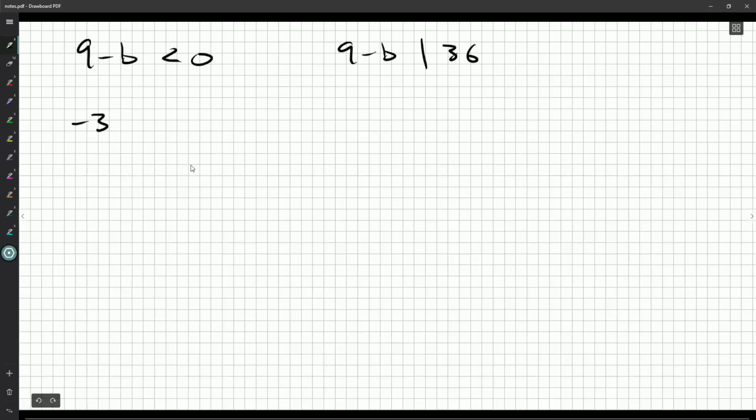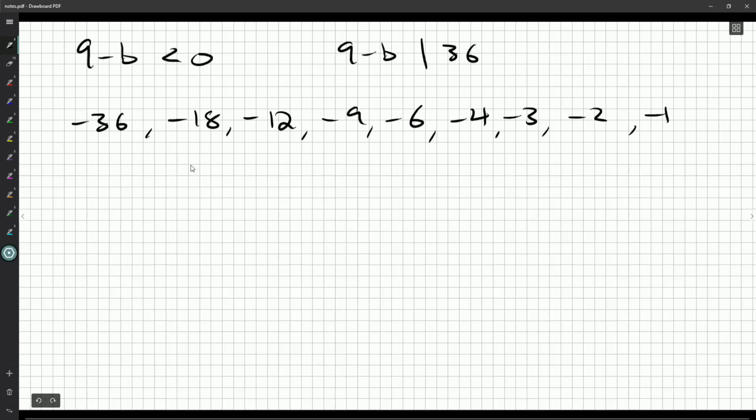So what are the factors of 36 that are negative? Negative 36, negative 18, negative 12, negative 9, negative 6, negative 4, negative 3, negative 2, and negative 1. There we go. So if these are my 9 minus b's, what would I have?